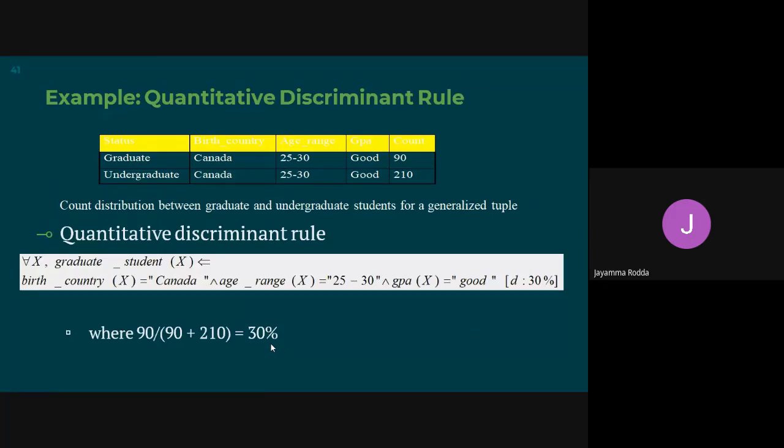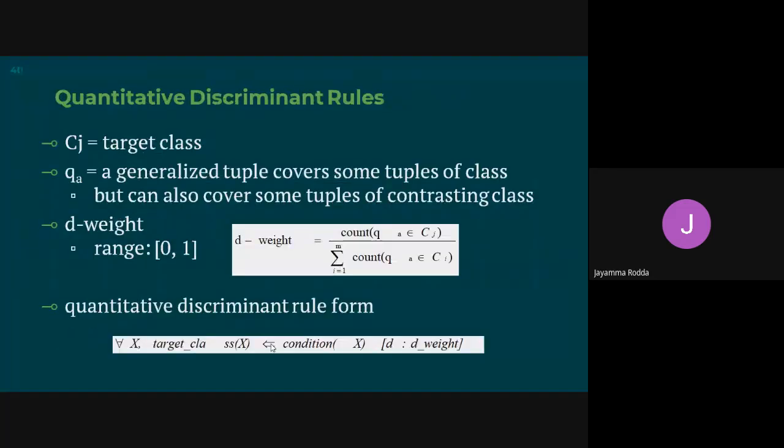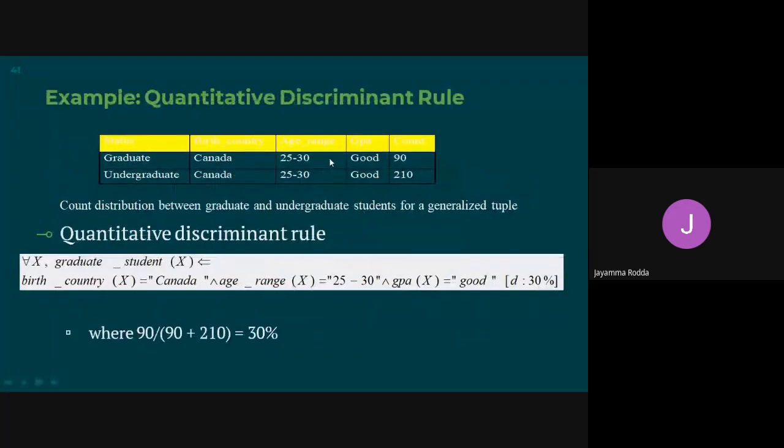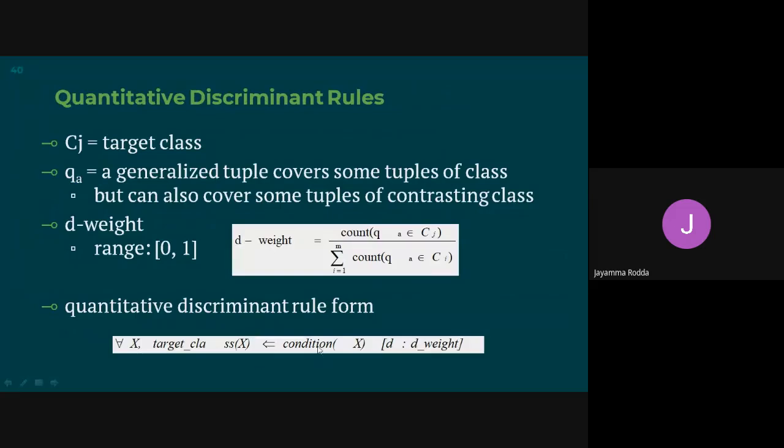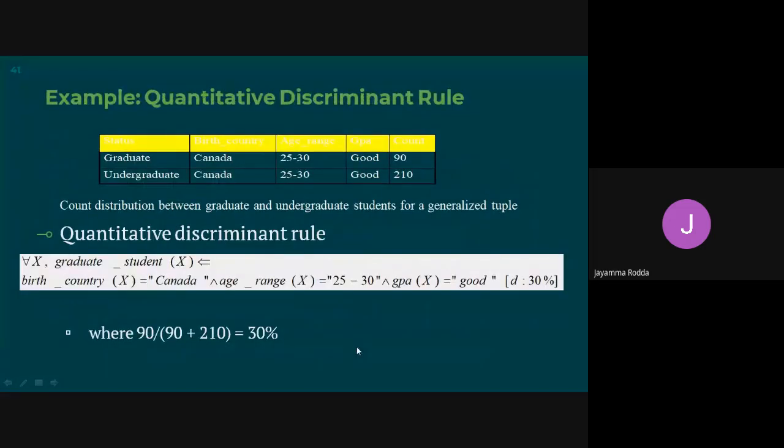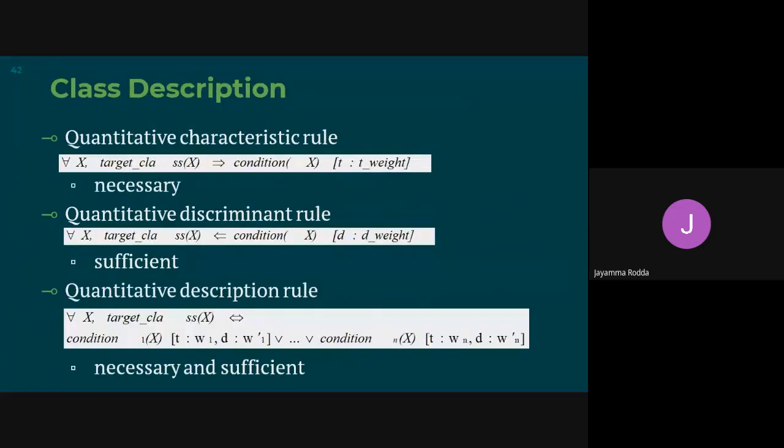Okay, with the birth country as Canada and the age range between 25 to 30 and having a good GPA. So here what did we do? We wanted a target class to be the condition X. What is the condition we have given? And the D weight, what is given?